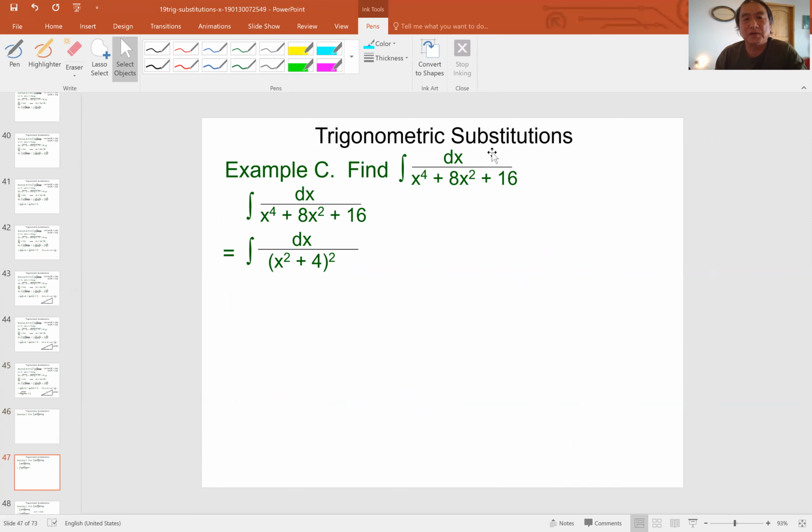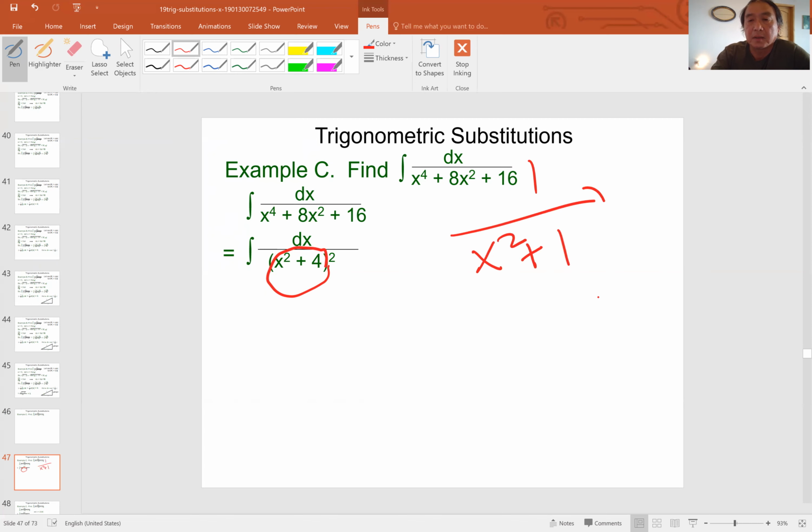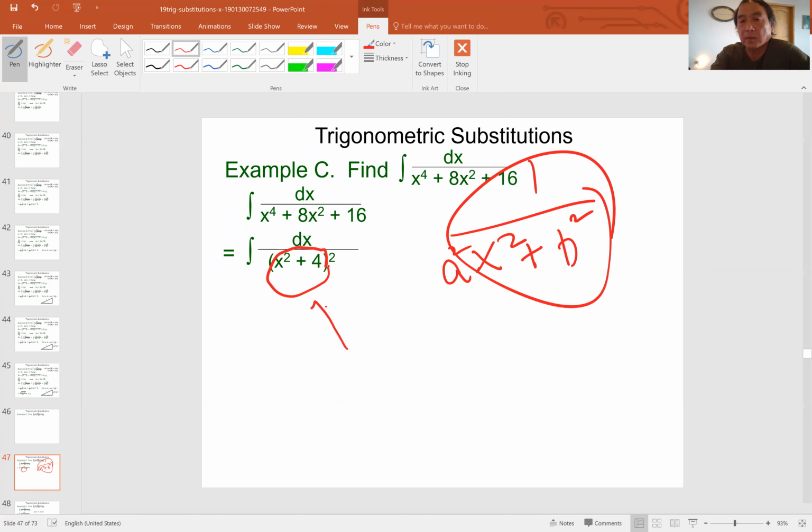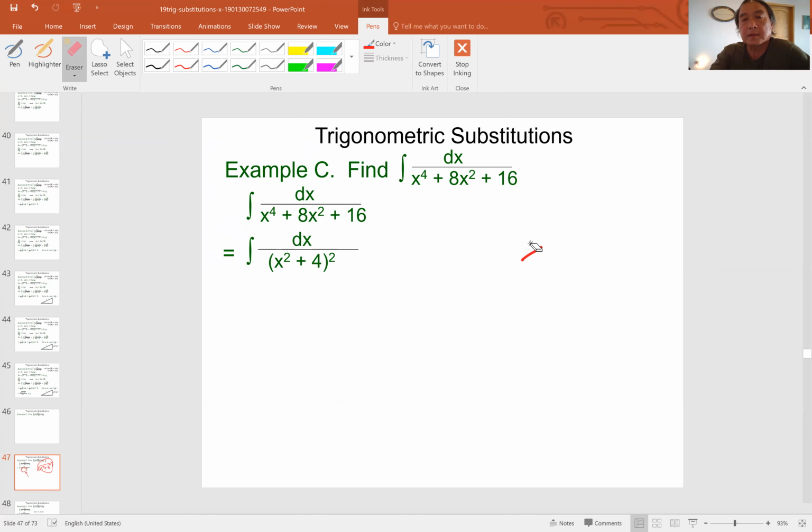And here's another one, use tangent. Tangent has to do with something like a squared plus b squared, and any irreducible polynomial can be transformed into that. So if I have that format in the denominator, then I can pull this trick.